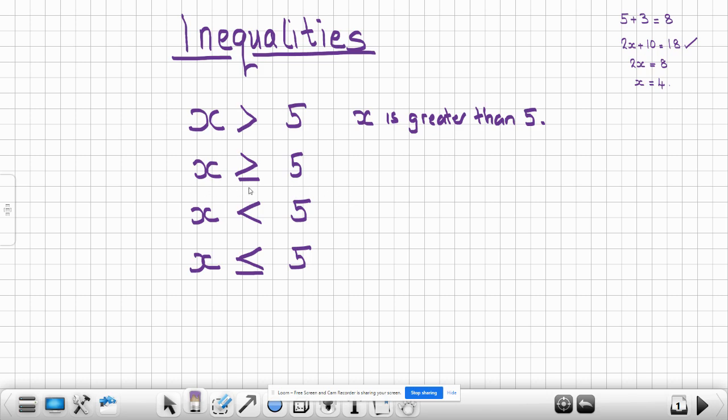Let's have a look at this next one. This next one is slightly different because we've got this added line here, which represents equals. So this is telling us that x is equal to or greater than 5.